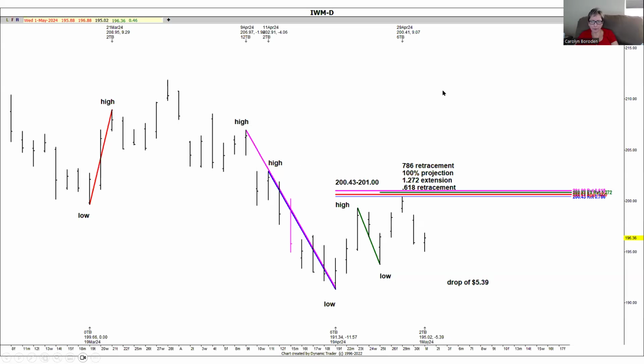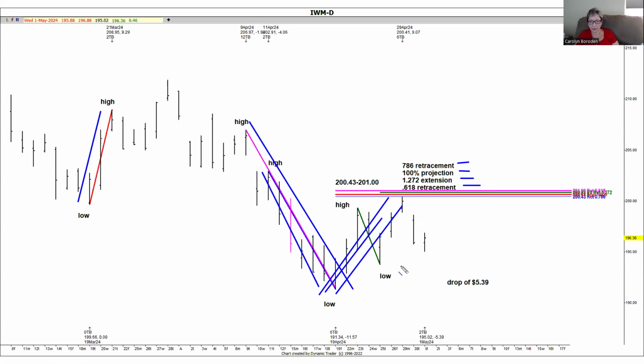Another example of IWM here. Again, took a projection from here, low to high, projected, had a 618 retracement of this swing, had a 786 retracement of this swing. So we had 786, we had 100% projection, 1272, and a 618 that came in at 200.43 to 201.